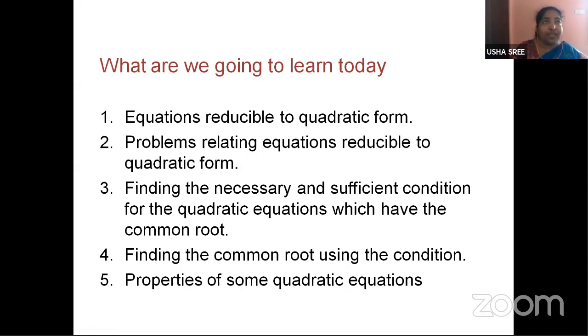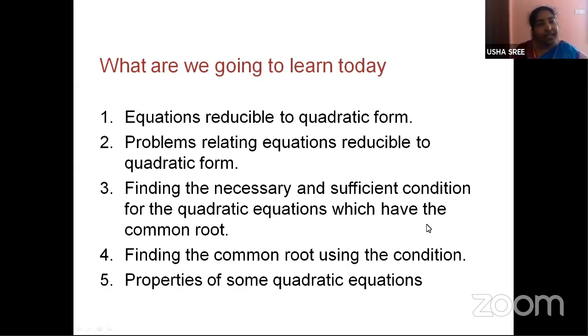That means if you are given two quadratic equations and it is given that the two equations have got one common root, then how to get the condition for the common root. Then finding the common root using the condition. And we will also see some properties of the quadratic equations.